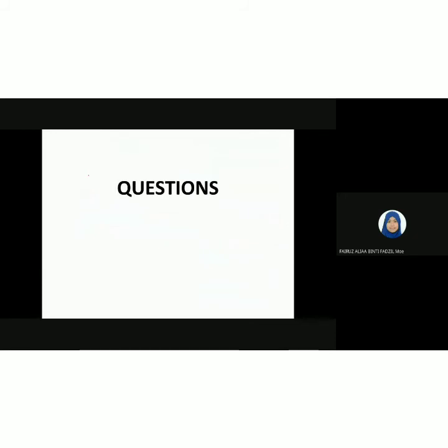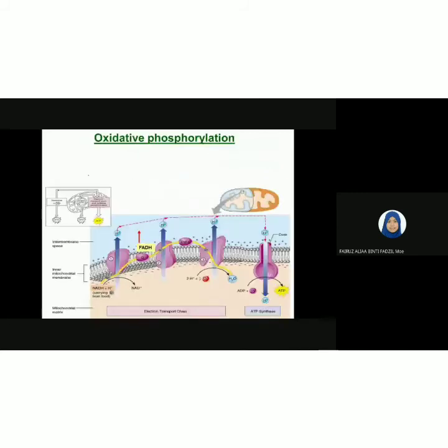I want you guys to try to answer these questions before we proceed. Okay, first question. Oxidative phosphorylation: ATP formed using energy derived from the redox reactions of an electron transport chain. Correct.